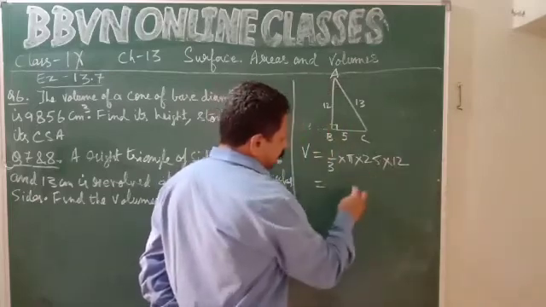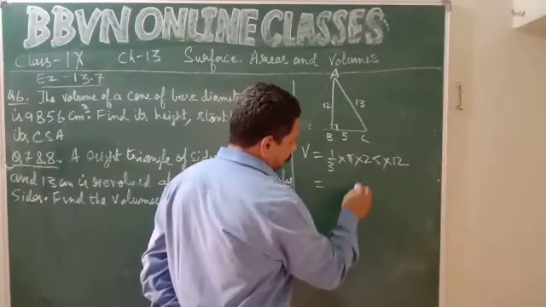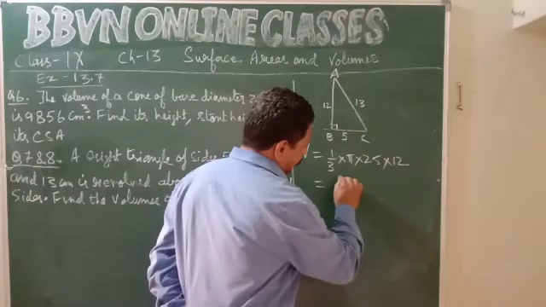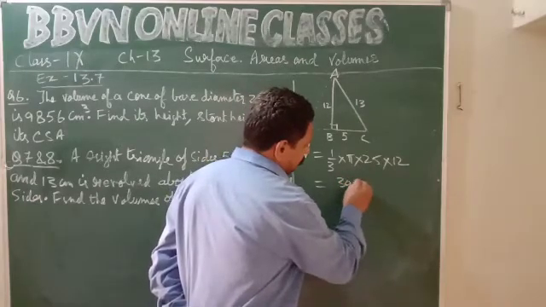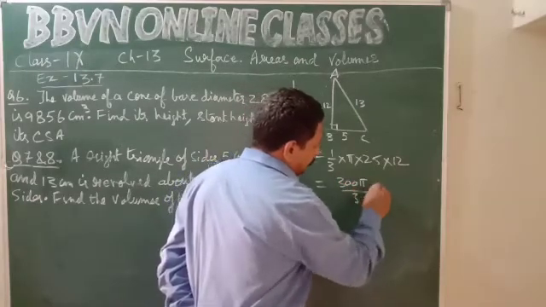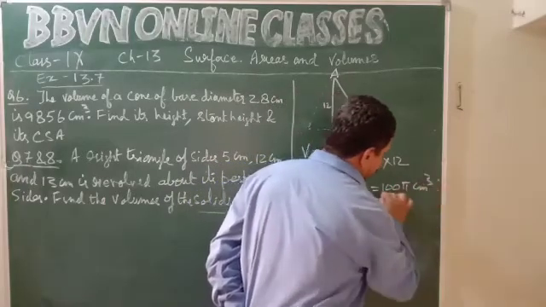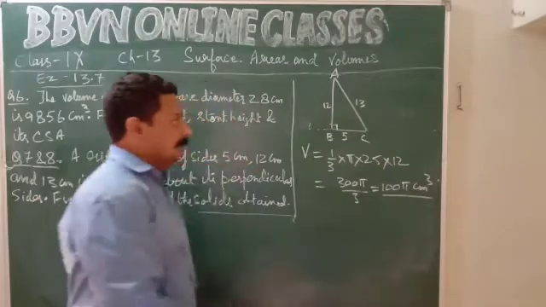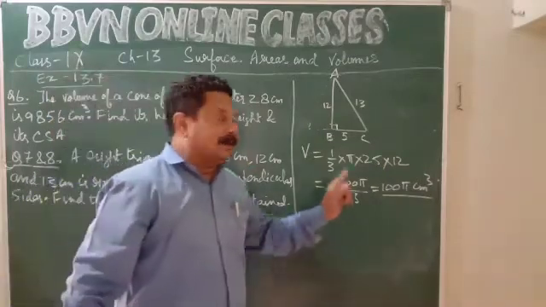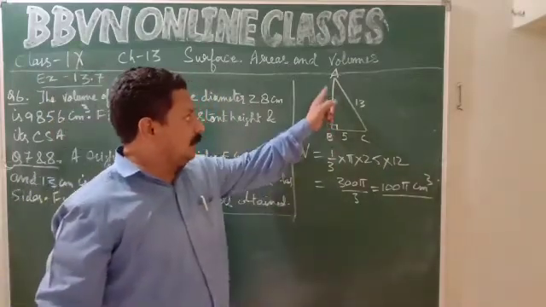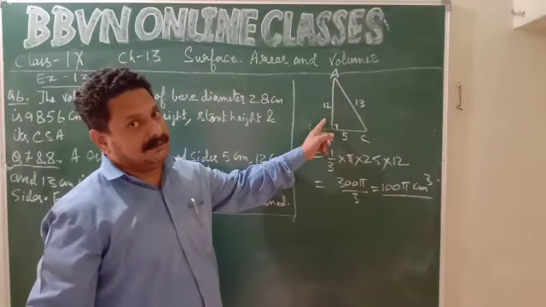So 12 into 25, 300 pi by 3. That is 100 pi centimeter cube. This will be the volume if I revolve this triangle along the side 12 centimeter.